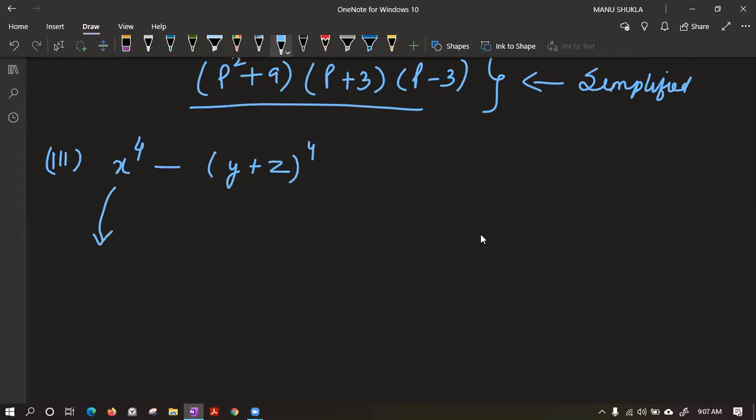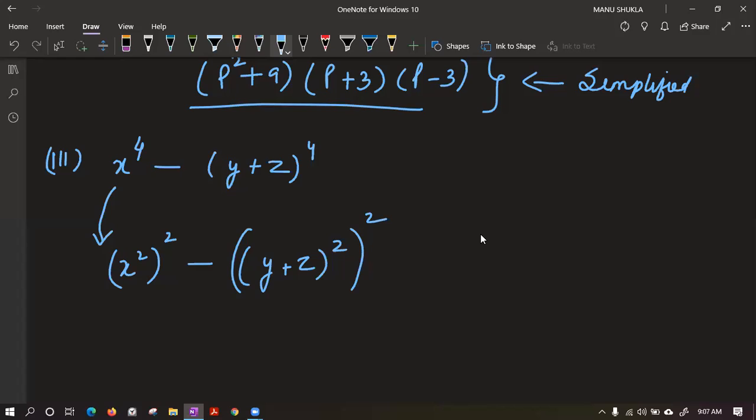Okay. Now, class, we can observe this x power 4 is coming from what? X square whole square. Yes. Then we have a minus sign. This is coming from y plus z square whole square. Yes, class. That's it.